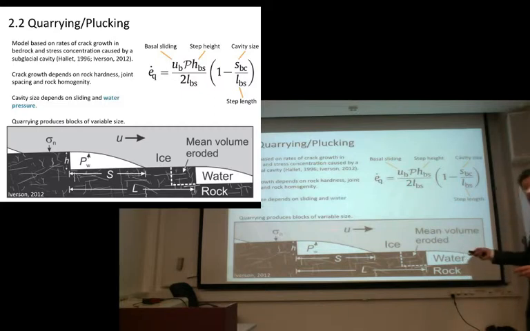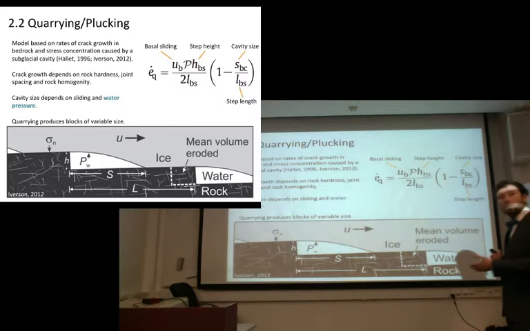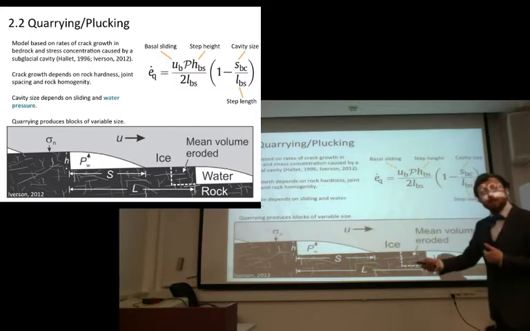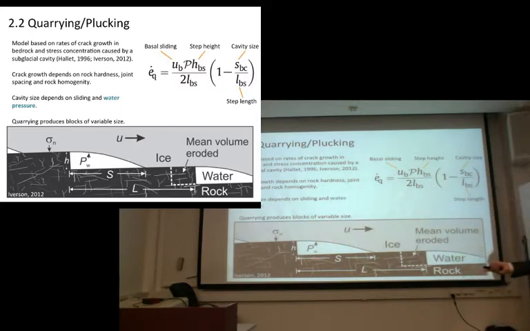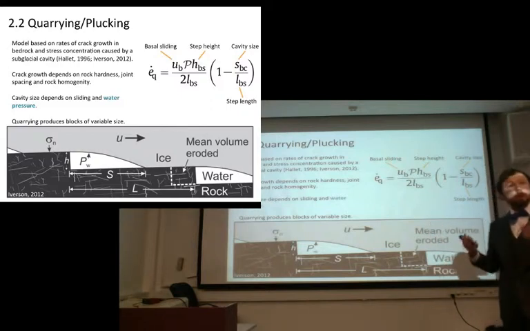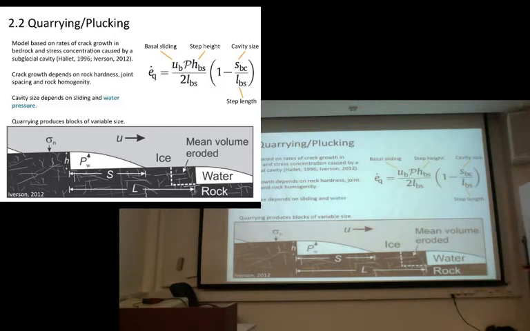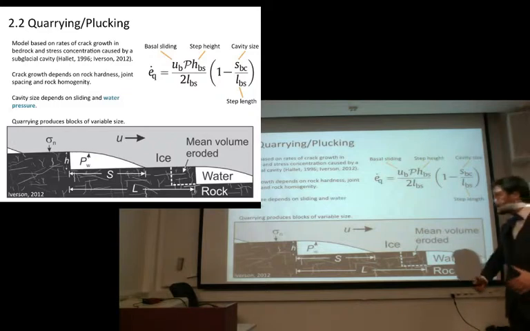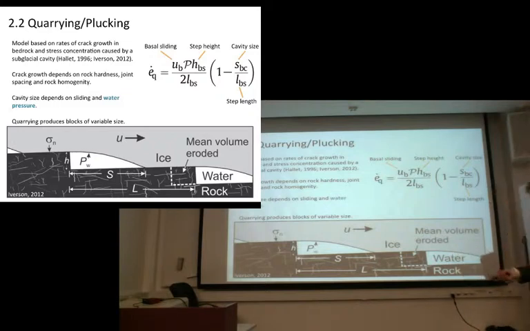The sliding, because if you slide more, you will open a bigger cavity, and water pressure, and that's a new thing. Suddenly erosion becomes dependent on water, the hydrological system. And this is important because if you have a lot of water pressure, you can open the cavities much more. I will show you an example of that.